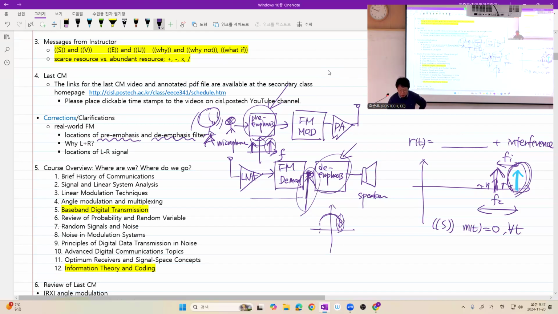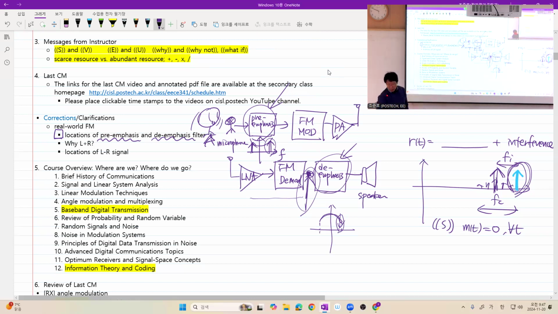So here goes the correction. So the locations of the pre-emphasis and the de-emphasis filter are what? The pre-emphasis filter follows the microphone output, and the de-emphasis filter just precedes the speaker.